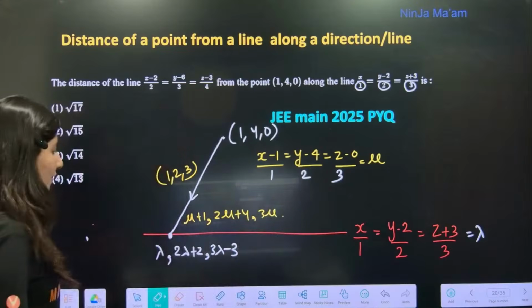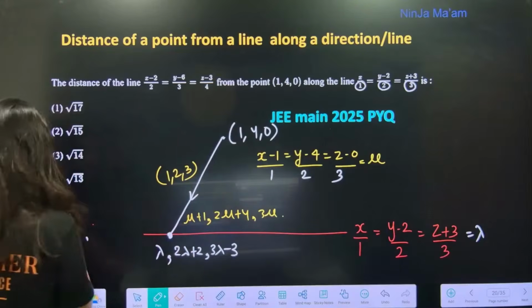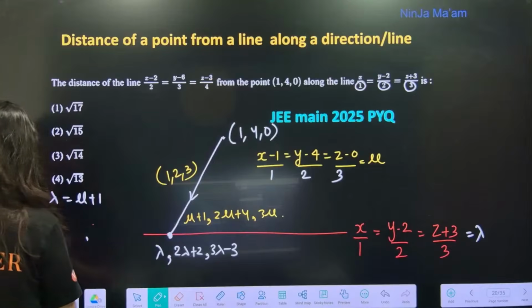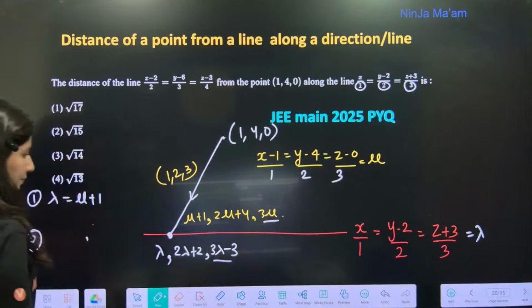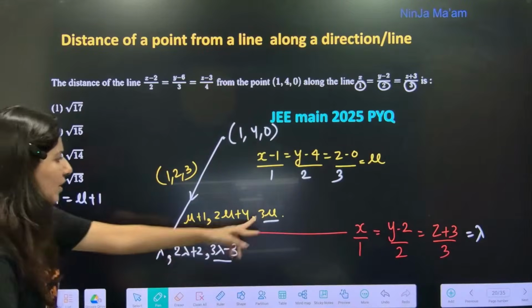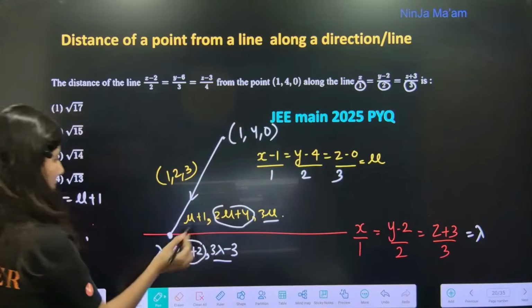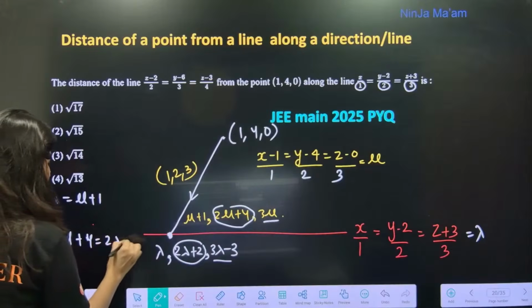Now all you have to do is equate, because this is representing the same coordinate. First equation, you will get lambda is equal to mu plus 1. Second equation, I think you should equate these two. So 2 mu plus 4 is equal to 2 lambda plus 2.